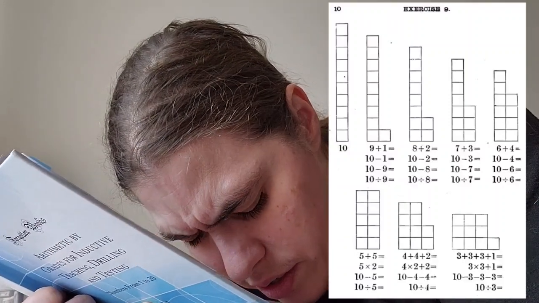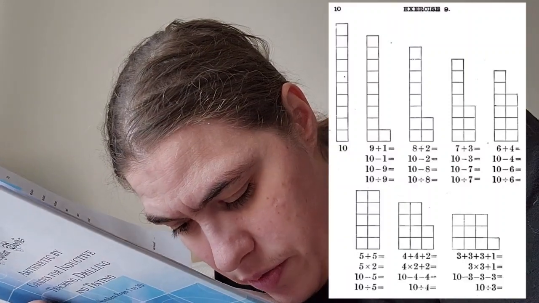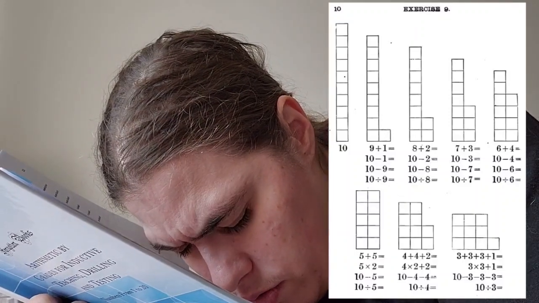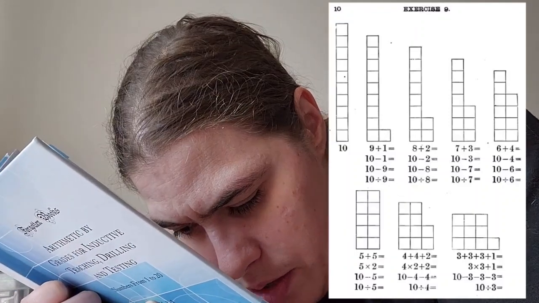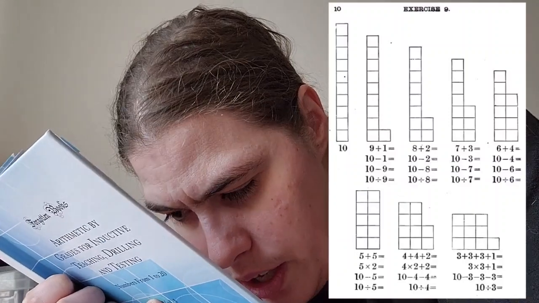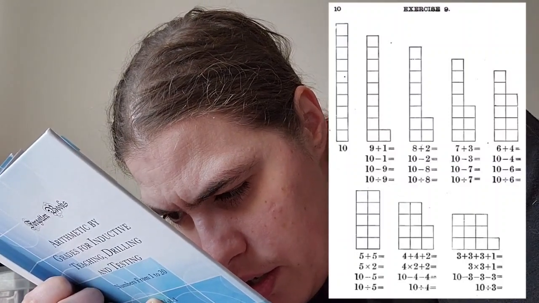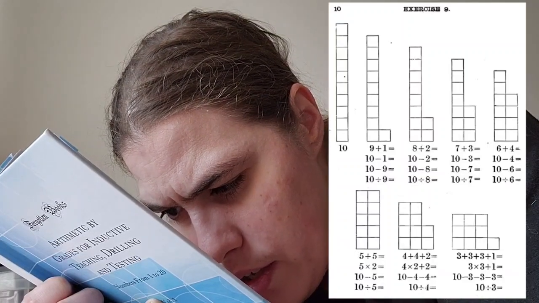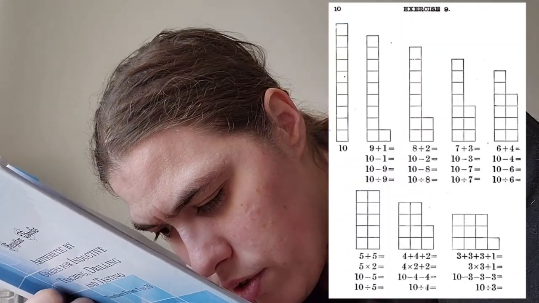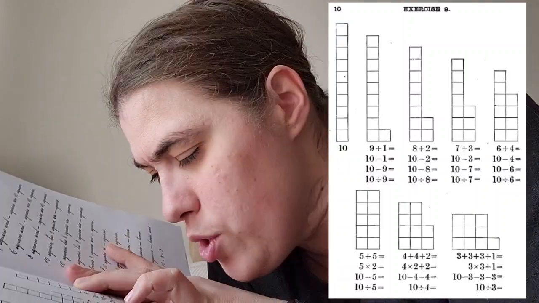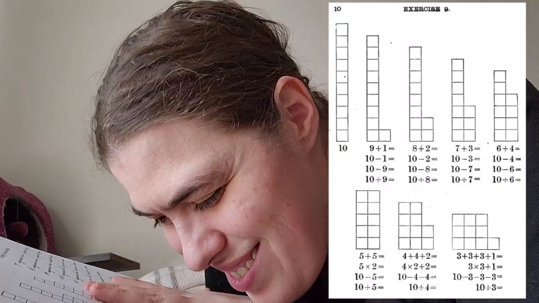Or is it 2 8s? Now I'm getting these confused. Let's see. I think that first one is 10, and it's gotta be 2 10s. I don't know. We'll deal with mixed numbers when we get to mixed numbers.